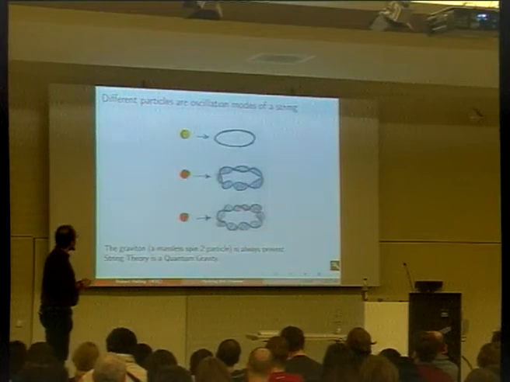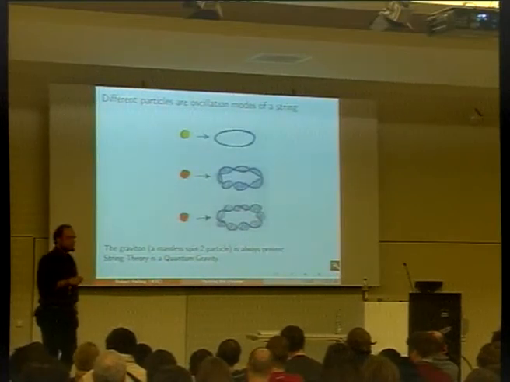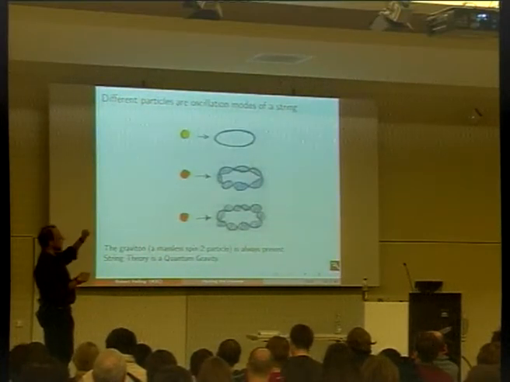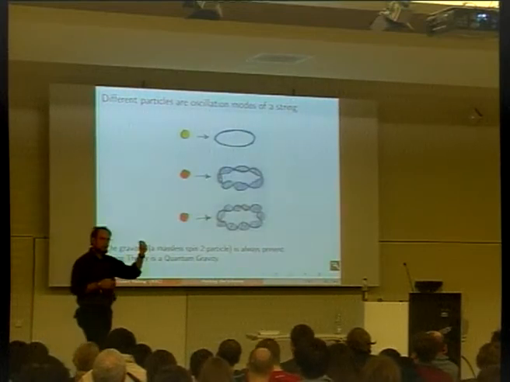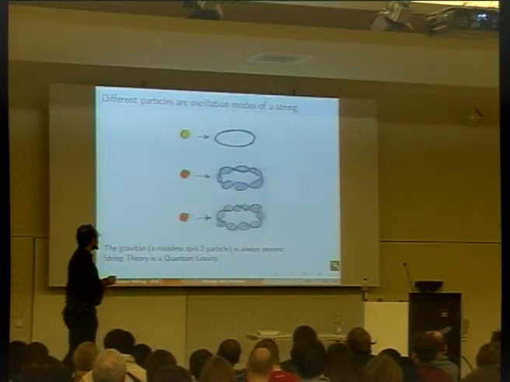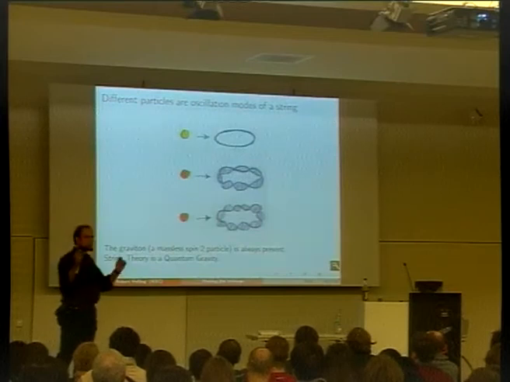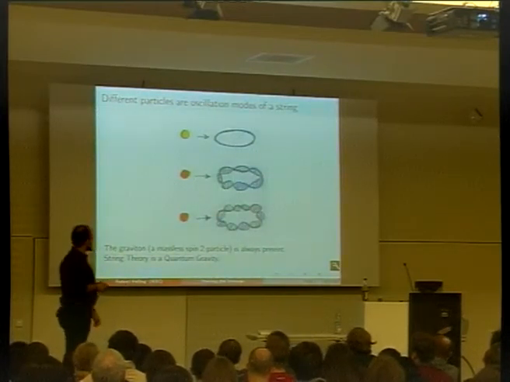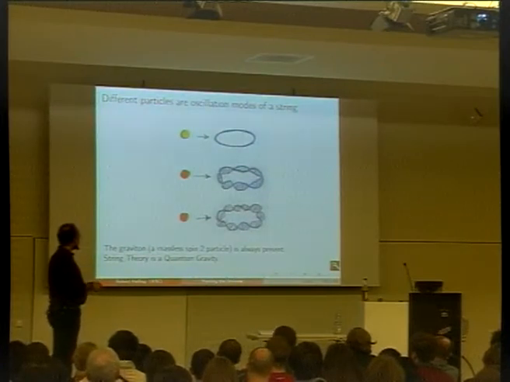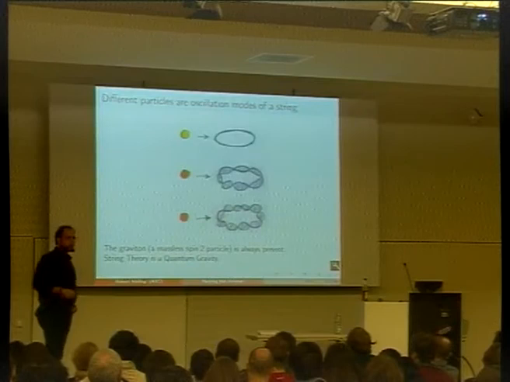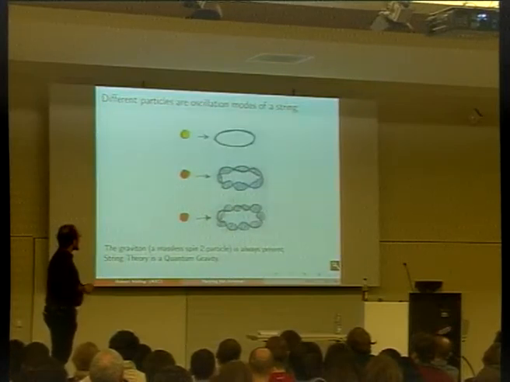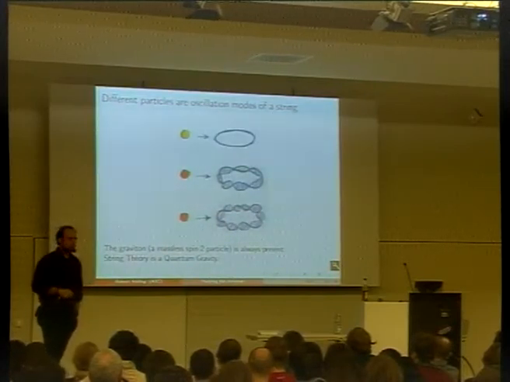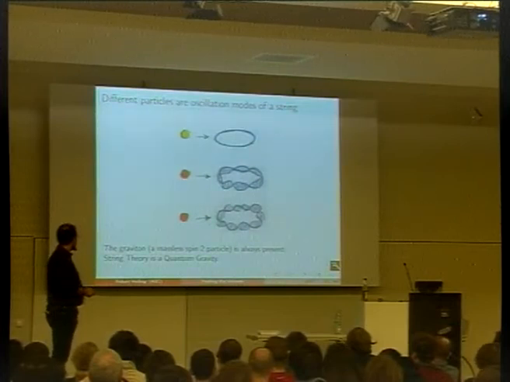Well, first of all, if you look inside them and what they really are, they're not point-like. I've drawn them here like big chunks, but they have 0 diameter. But they're made of little rubber-type strings, and what this string can do, it can vibrate. So I've drawn here 3 different vibrational modes, and what looks like 3 different particles are actually just 3 different vibrational modes of the one string.